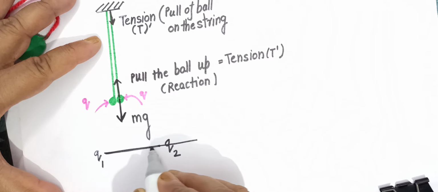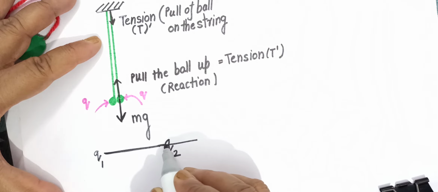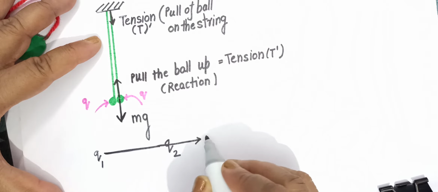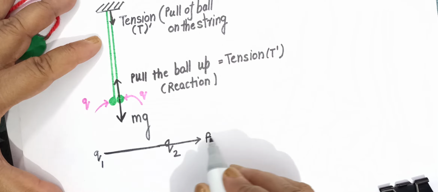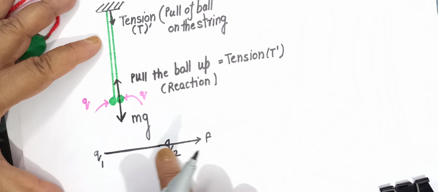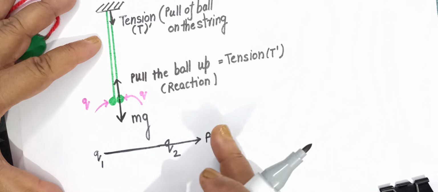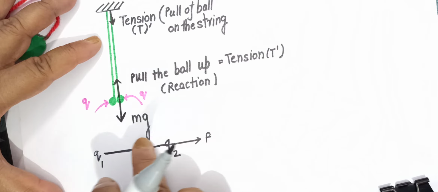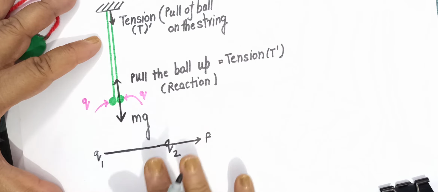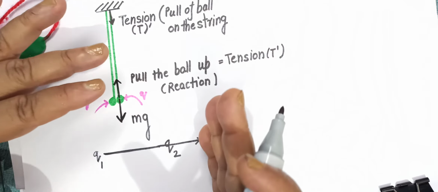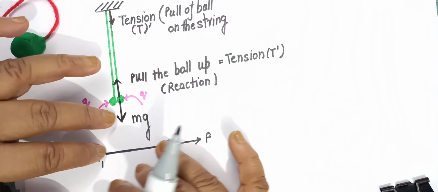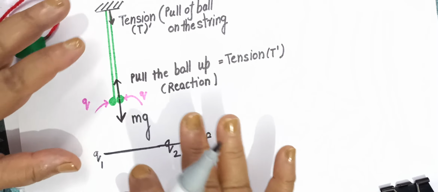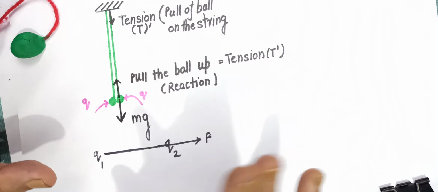Join the two charges, then the force will be along this line only. If it is repulsive, then the force of repulsion is along the line joining the two charges. If it is attractive, then it is towards Q1, but along the line joining the two charges, in no other direction. This is something unique to the gravitational force and the electrostatic force, and this is not the case for magnetic force, which acts in an entirely different way.